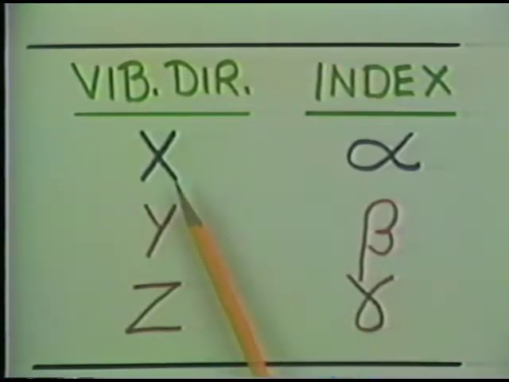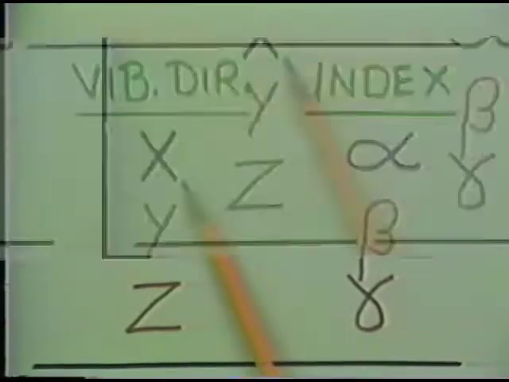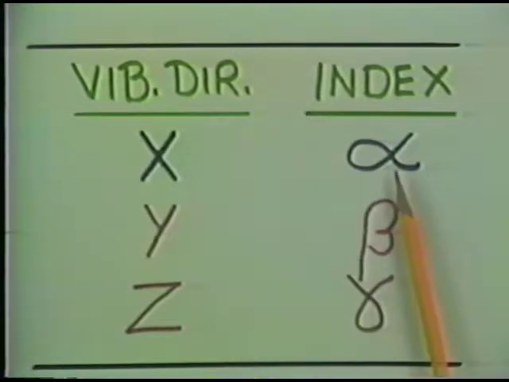That is, the X vibration direction of biaxial minerals has the refractive index alpha. Because it's always the lowest refractive index, X is always the fast vibration direction. Conversely, Z is always the slowest of the three vibration directions, and it has the refractive index gamma. The intermediate vibration direction we call Y. Its refractive index is beta.